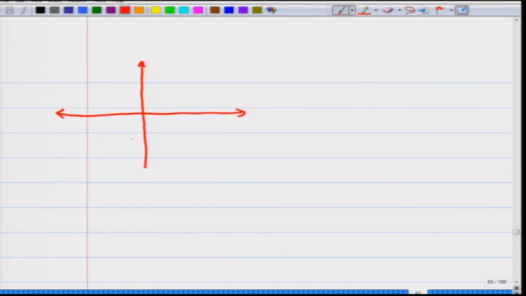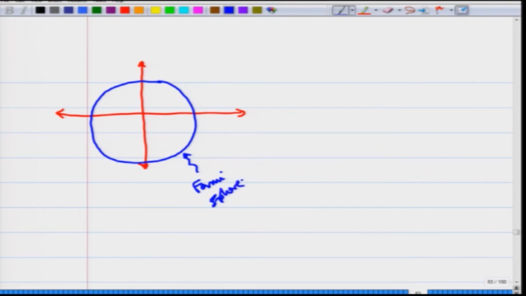So let me draw this. This is your Fermi sphere. Just for simplicity, I am showing it in a two-dimensional plane. It is like a ball, but at the moment I am just showing it as a circle, where within the circle everything is occupied. Whatever is bounded within this circular region is all occupied states, and whatever is above it is unoccupied states. These are kx and ky.